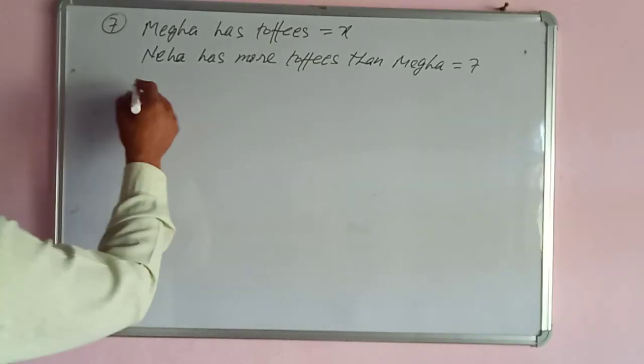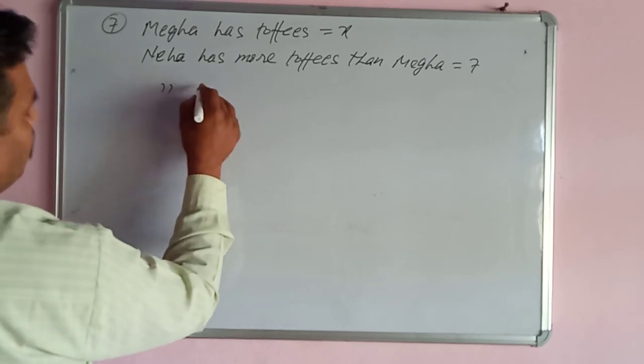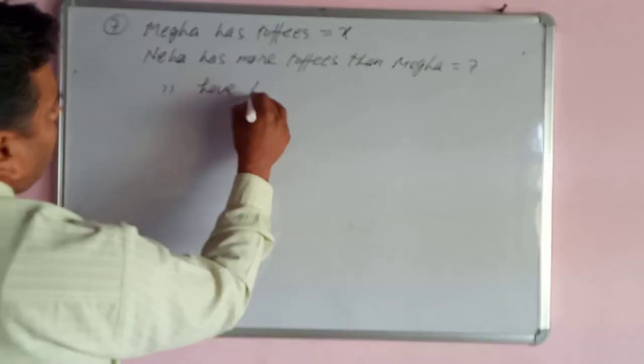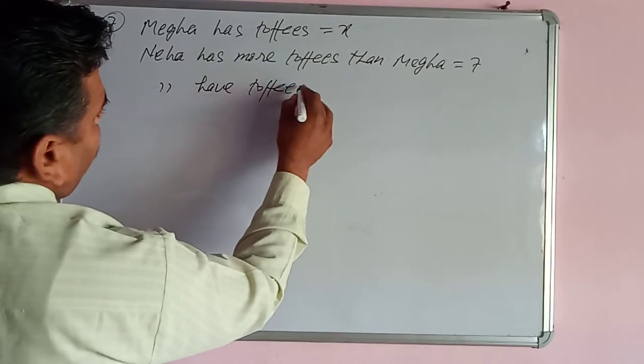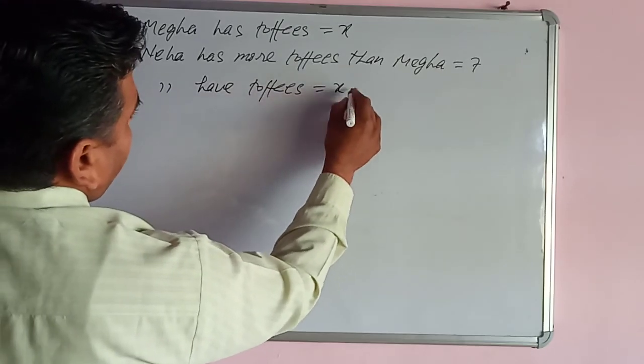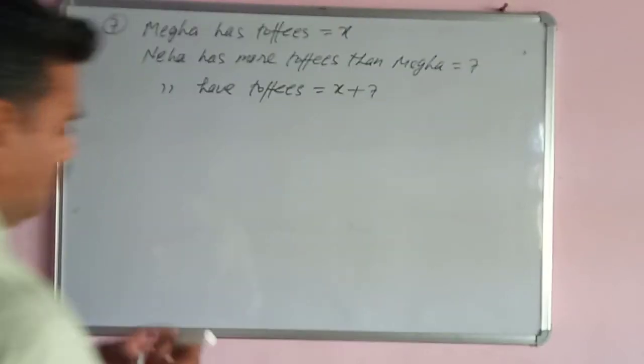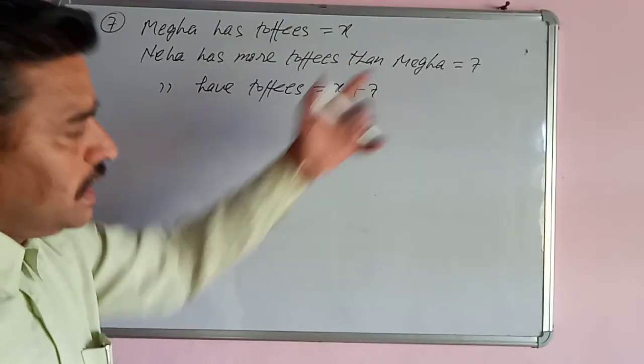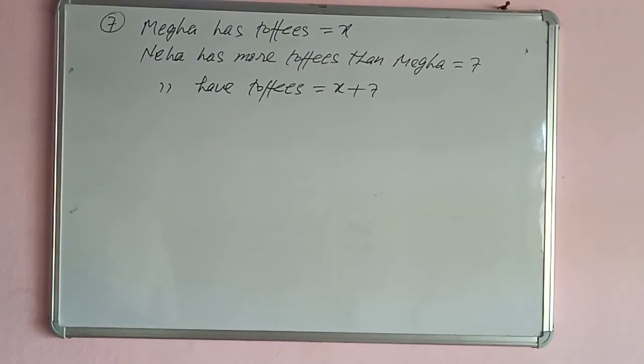Neha has x plus 7 toffees, because she has 7 more toffees than Megha. So the answer is x plus 7.